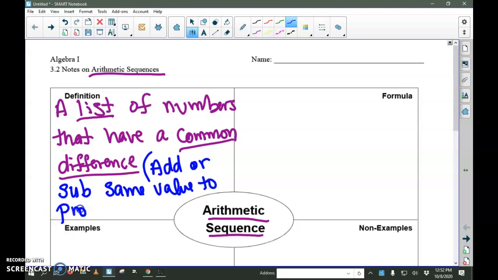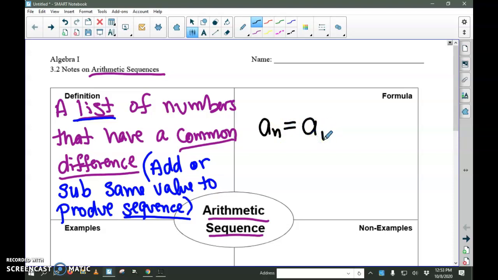And I'm going to actually use the word sequence just as a reminder that, again, sequence means a list. There is a formula that goes with this, and when we work through the back side of the notes, we're going to talk more about how this formula gets put together, but the general formula is a sub n equals a sub 1 plus d times the group n minus 1.